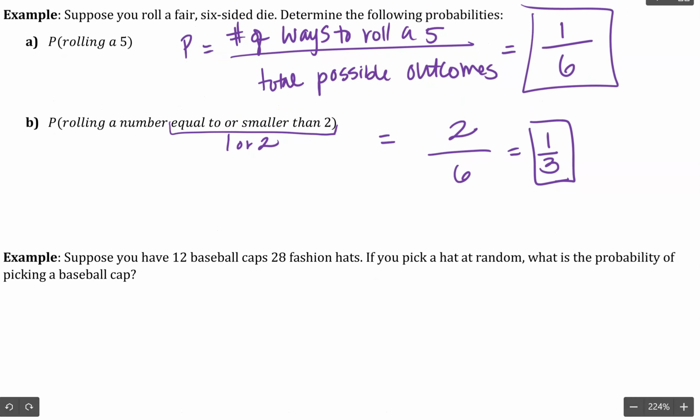Suppose you have 12 baseball caps and 28 fashion hats. If you pick a hat at random, what's the probability of picking a baseball cap? So the probability of baseball cap is how many ways are there to choose a baseball cap?